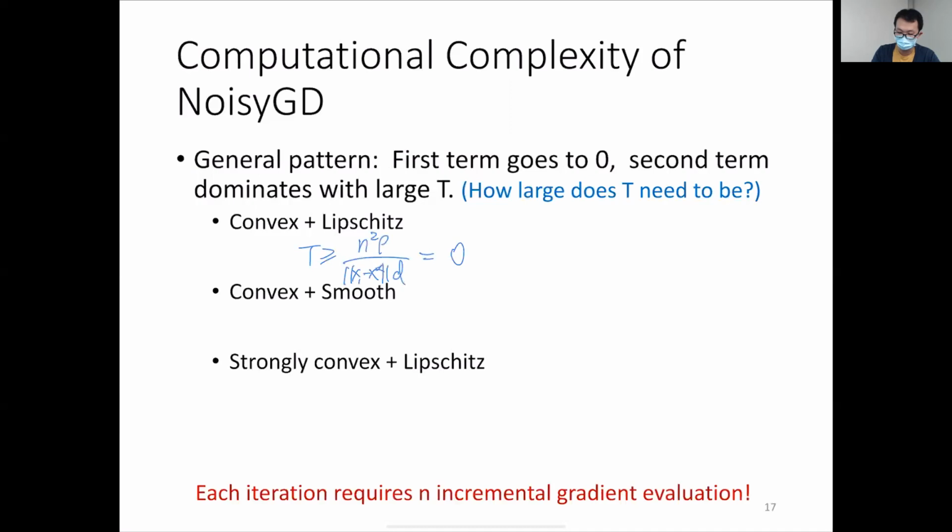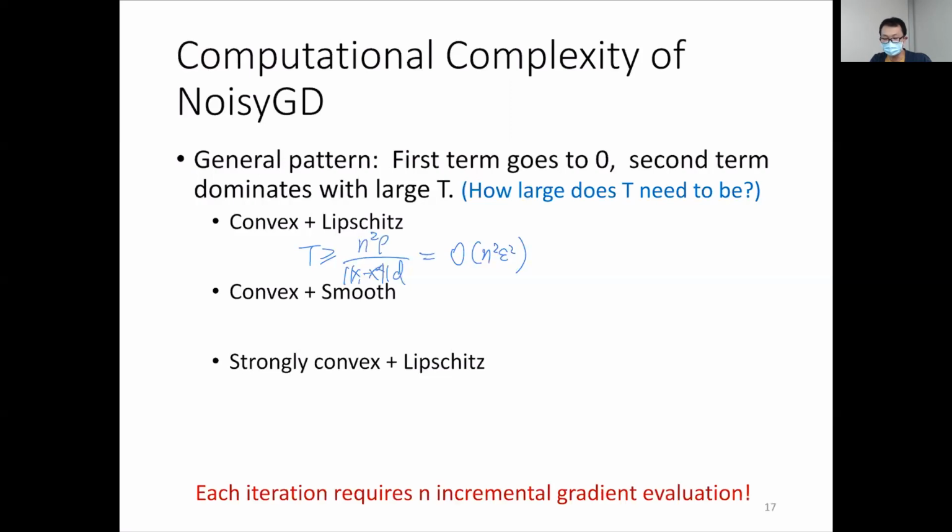This is proportional to n squared epsilon squared. Notice that this benefits from larger dimensionality: when d is large, the number of iterations you need is small. But at the end of the day, it still requires n squared epsilon squared iterations, and in every iteration you need to go over the entire data set to calculate the gradient.